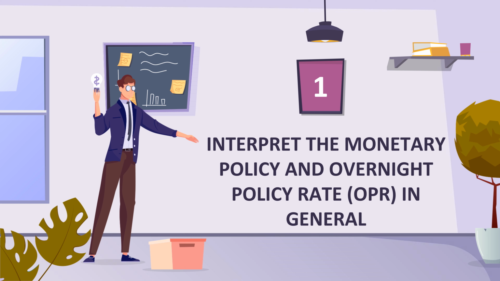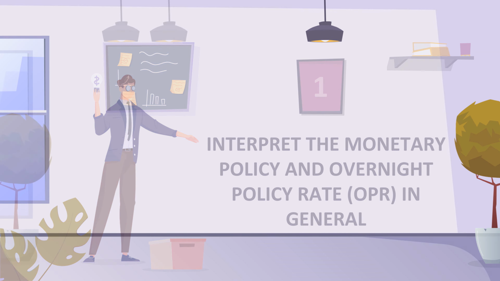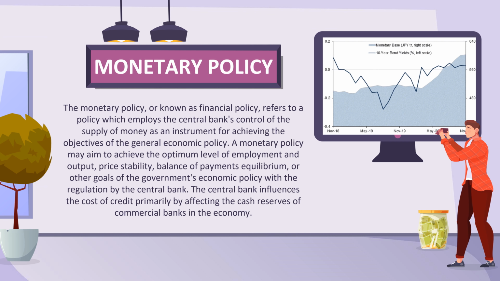Question number 1. Interpret the monetary policy and overnight policy rate, OPR, in general. The monetary policy, or known as financial policy, refers to a policy which employs the central bank's control of the supply of money as an instrument for achieving the objectives of the general economic policy.